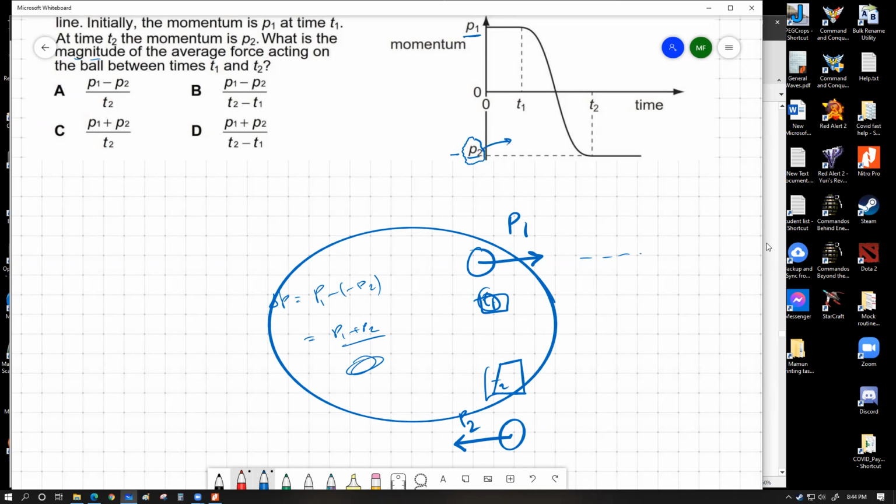The value of p2 would be negative, but p2 is the symbol for that number. Let's say this was x and this was y. The change of momentum would have been x minus y. When you place the numbers, let's say x equals plus 10 and y equals minus 10, then ultimately you would do 10 plus 10.